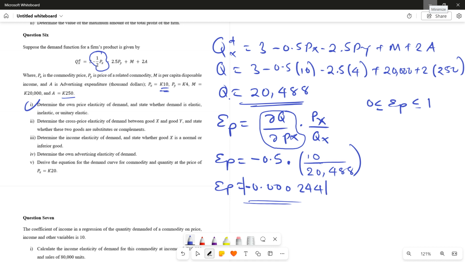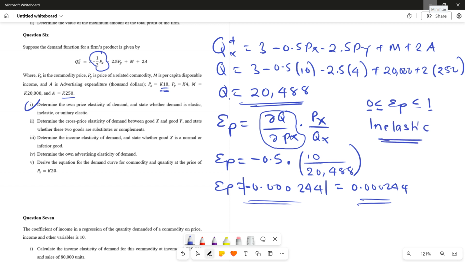Introducing modulus means you're just putting these bars, an open bar and a closed bar. These bars transform this to a positive number, which means you will now be dealing with 0.000244, like this. So if you have calculated your value of elasticity, and that value is lying between 0 and 1, like the case here, this is 0.00024, which means that this thing is lying between 0 and 1. Then it shows that demand for this good is inelastic.